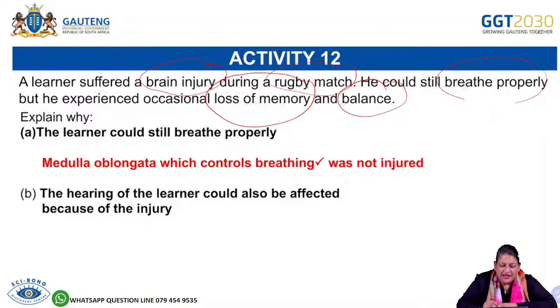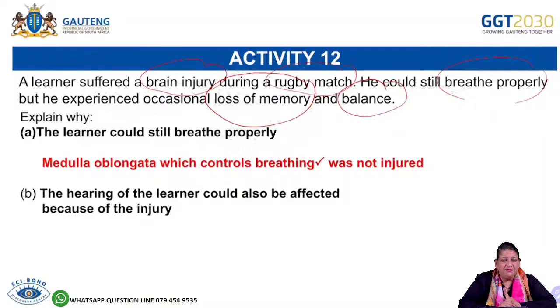So same thing. The cerebrum is responsible for memory. So if he lost his memory, the same part, the cerebrum, also interprets sound. So if your cerebrum is damaged, all the parts that the cerebrum is associated with will also malfunction.